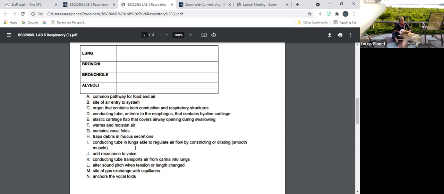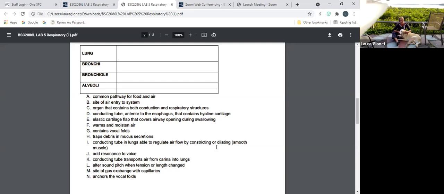I, conducting tube in the lungs, able to regulate airflow by constricting and dilating because they contain smooth muscle. Those are going to be the bronchioles. Just like an arteriole, you have the smooth muscle that is capable of vasoconstriction and dilation. The bronchiole will do the same thing. Therefore, it's under the control of the autonomic nervous system, the sympathetic nervous system versus the parasympathetic division.